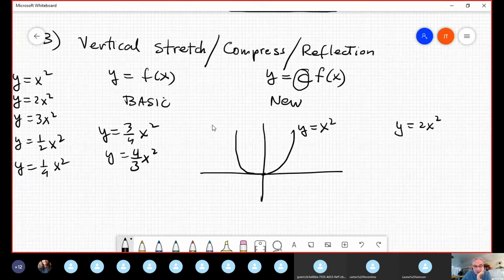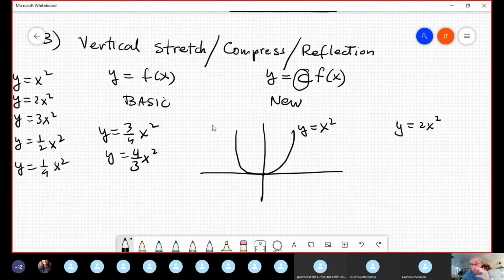This new parabola is not a motion, because it's motion when you add or subtract. But when you multiply, you are doing like a zoom in or zoom out. That is, it's stretch or compress.